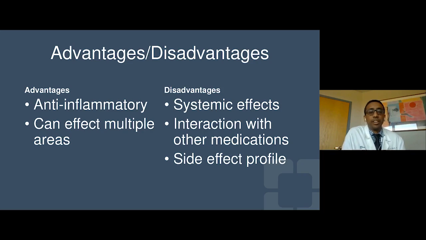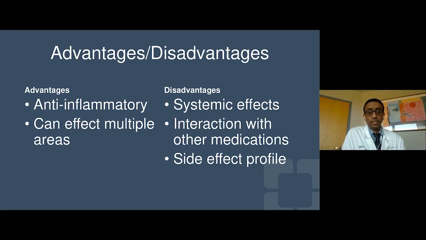So advantages and disadvantages. Advantages: it's an anti-inflammatory. Since it is an oral medication, it can affect multiple areas. If we're having arthritis in multiple locations, both knees and shoulders, that sort of thing, this could be a little bit more advantageous as it is a systemic effect through the entire body.